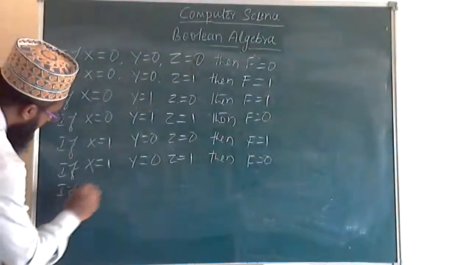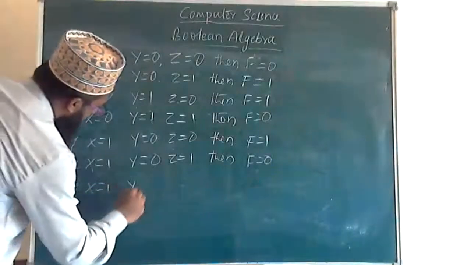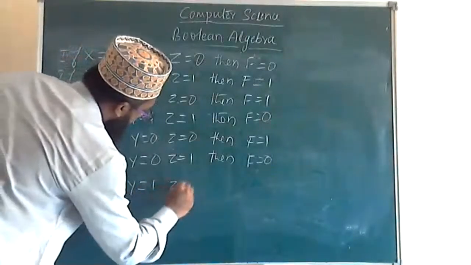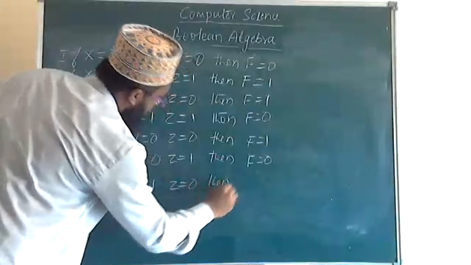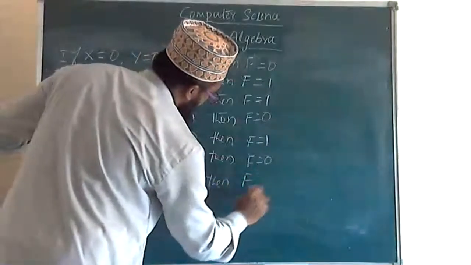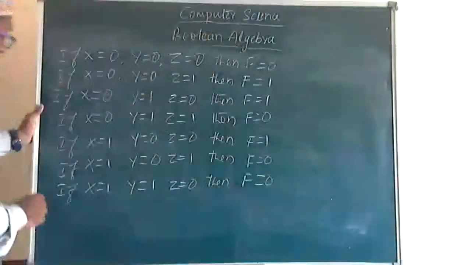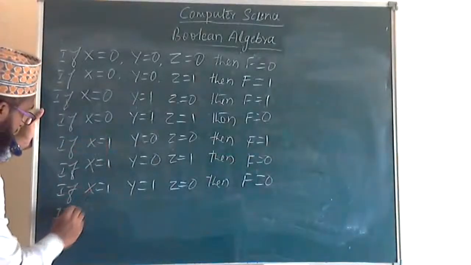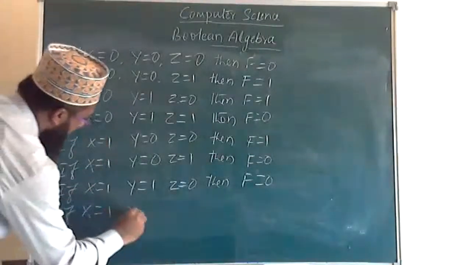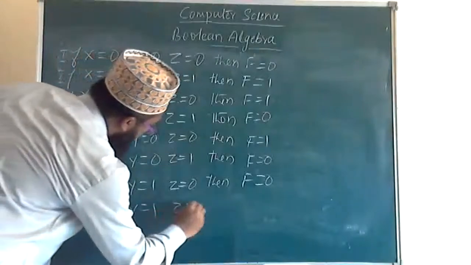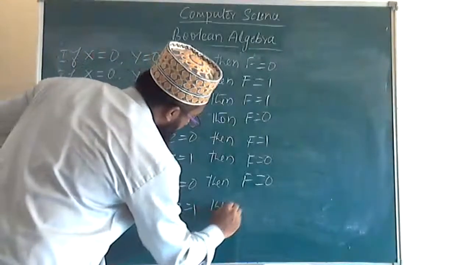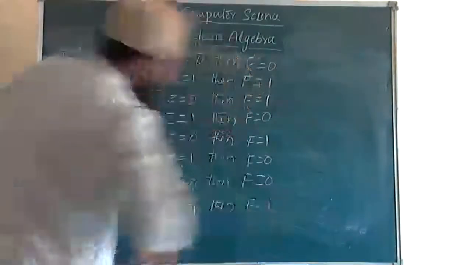If x is equal to 1, y is equal to 1, z is equal to 0, then f is equal to 0. If x is equal to 1, y is equal to 1, z is equal to 1, then f is equal to 1. Now you need to understand this.